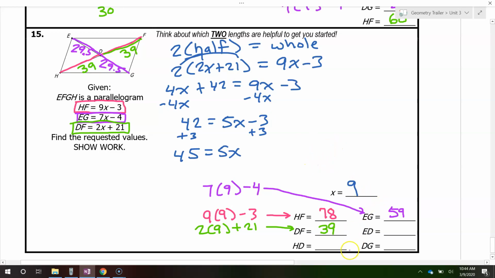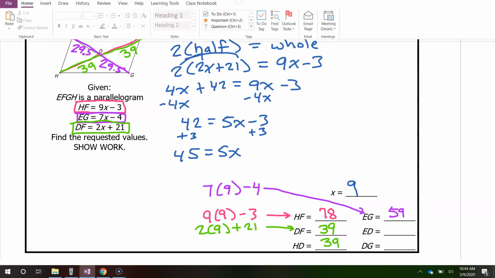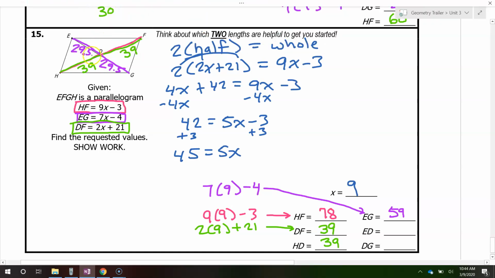Okay, so HD is going to be 39. HD is right here, and that is one of my 39s. ED is right here. That's one of my purple ones. That's 29.5. And then DG is the other side, which should also be 29.5.